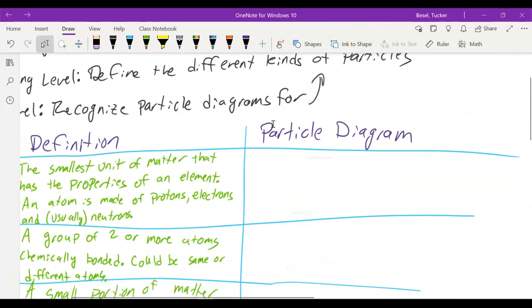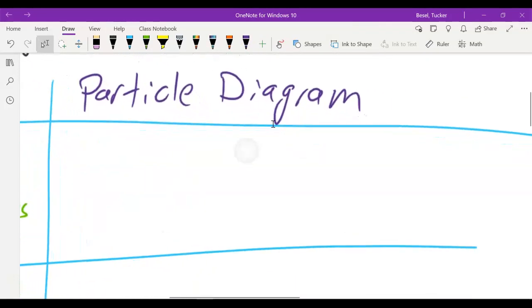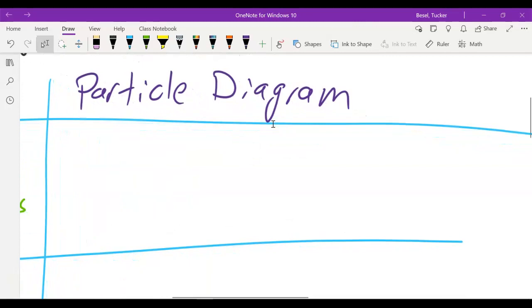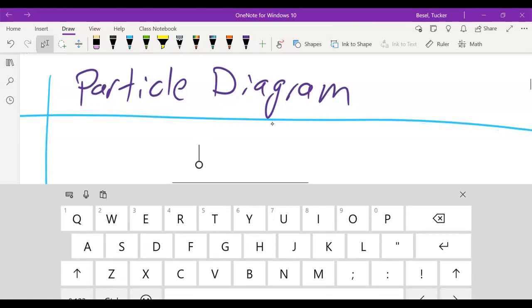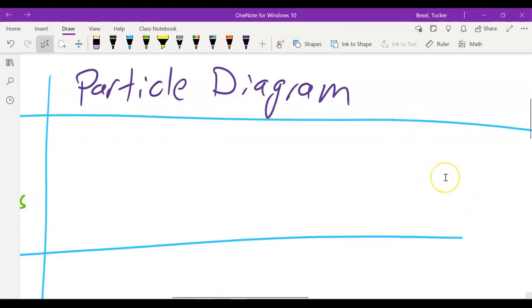So an atom can be represented as just one thing by itself. There's a couple different ways that we can do this. You can have just a generic type of thing, more related to the POGIL that you did, and just have shapes. So this right here would be an atom, this over here would be an atom.